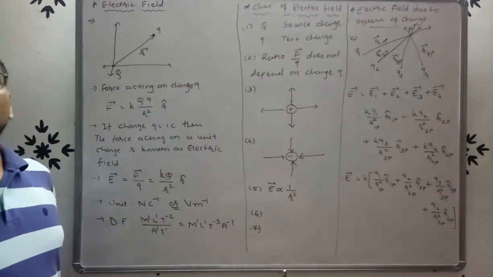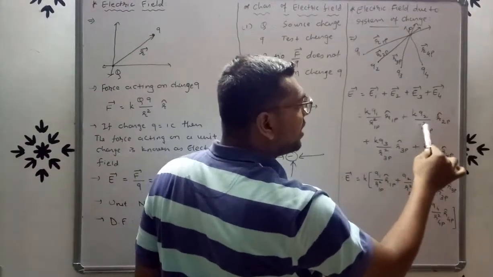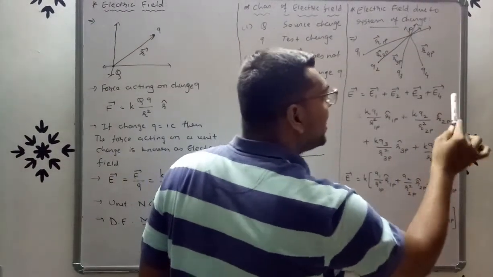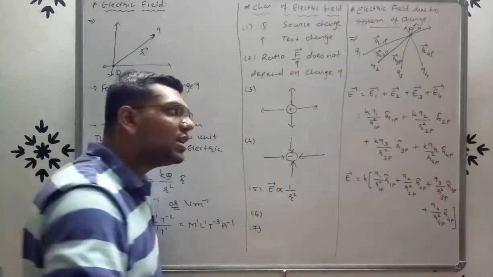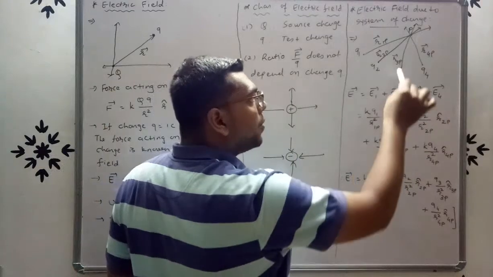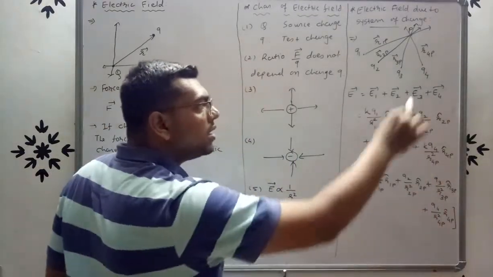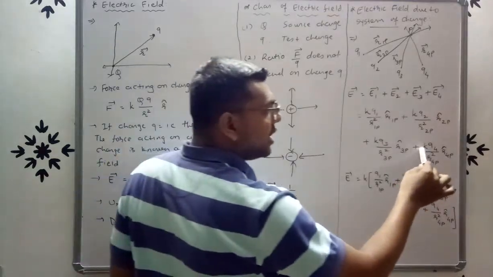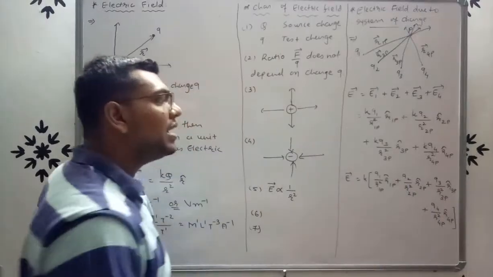E2, the electric field due to charge Q2, so plus KQ2 upon R2P square, R2P cap. E3, the field due to charge Q3, so KQ3 upon R3P square, R3P cap. E4, KQ4 upon R4P square, R4P cap.